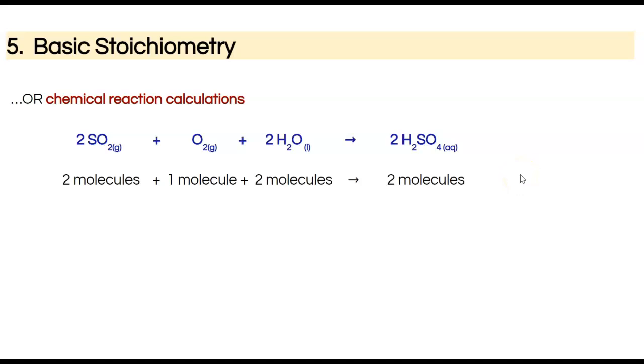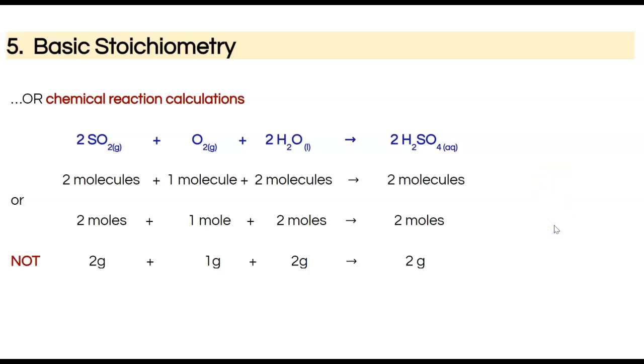That's Avogadro's number. So we can do the easy conversion here, and we can also assume that each of those coefficients can be interpreted to mean moles. But it's really important to know that we can't assume those coefficients are interpreted as grams.